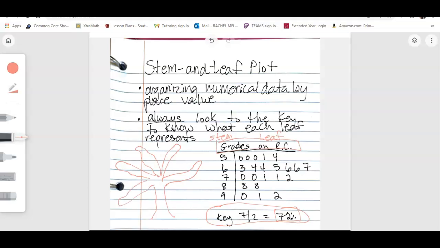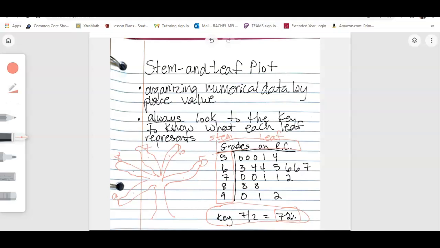Here's my crazy looking tree. Each of these right here are my stems. So this is the 5, the 6, the 7, the 8, and the 9.